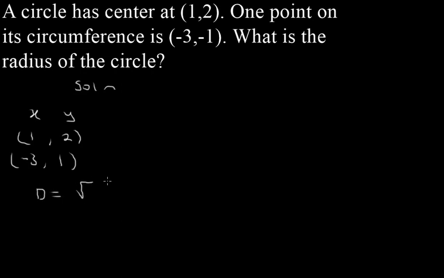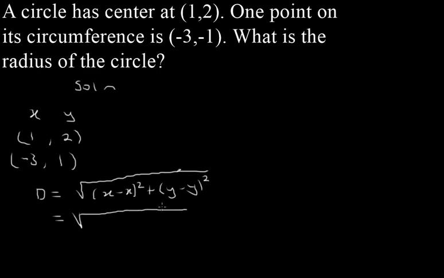D equals root of difference in the x squared plus difference in the y squared. So what is the difference in the x? In the x we have 1 minus negative 3 squared plus, in the y we have 2 minus 1, and this is squared as well.